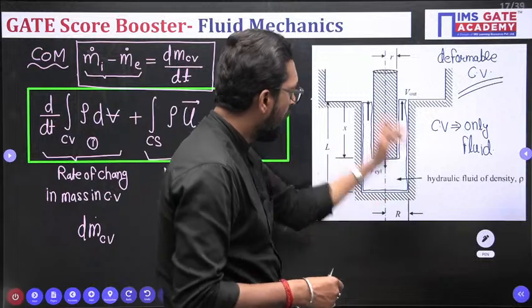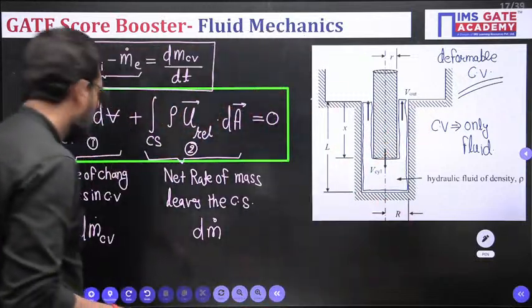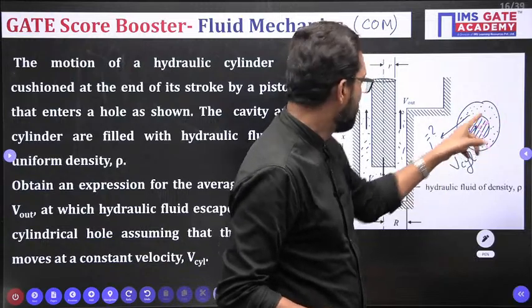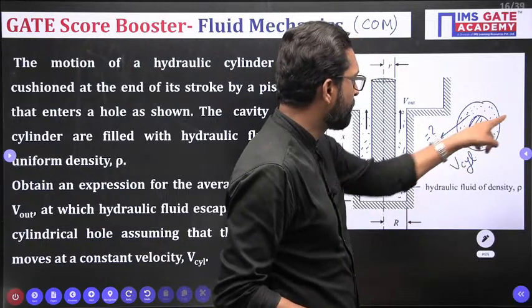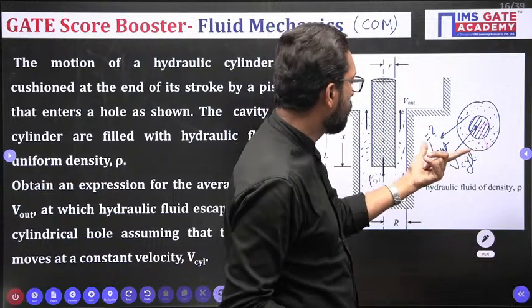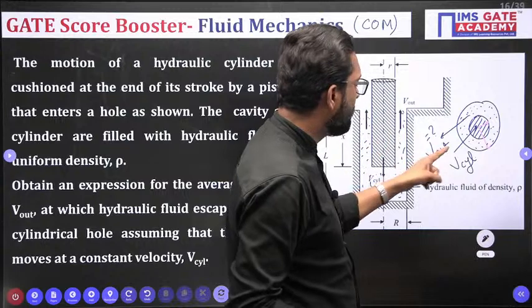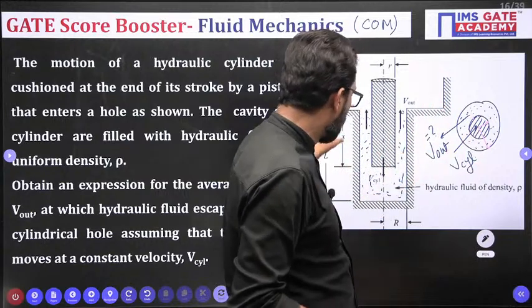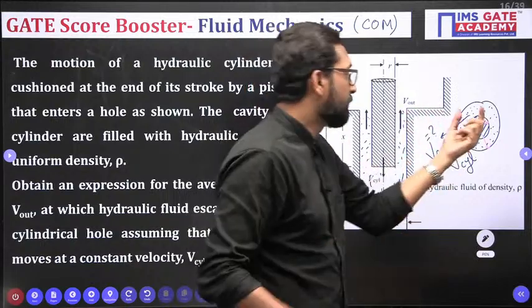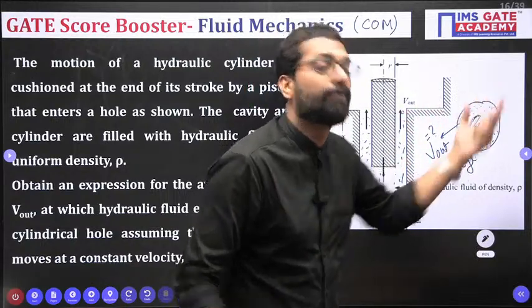The outer volume is pi capital R square into length L, minus the inner volume pi small r square into x.